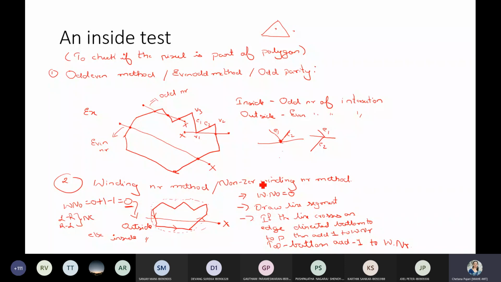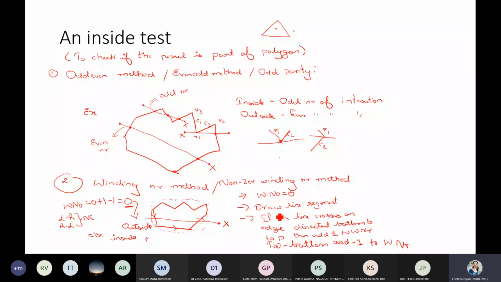Then in the winding number method, or non-zero winding number method, first you are going to initialize it to be 0. You are going to draw a line segment the same way. You will have a questioning point and a point outside your polygon, draw a line segment and see wherever it intersects your edges.